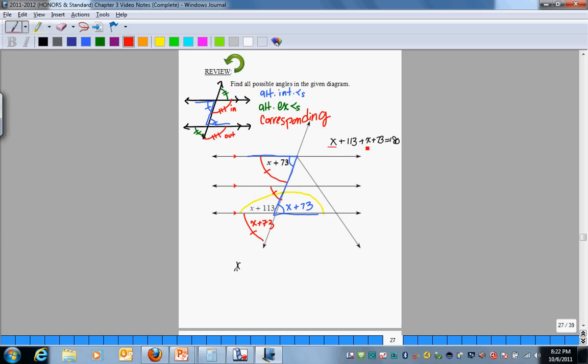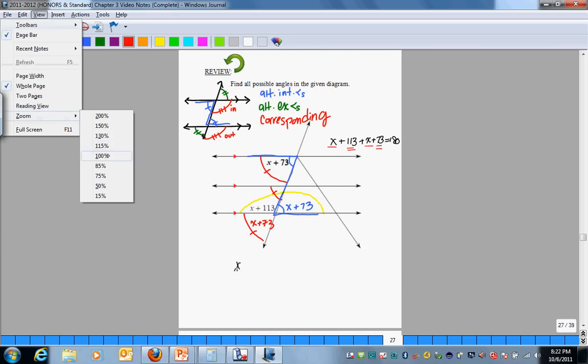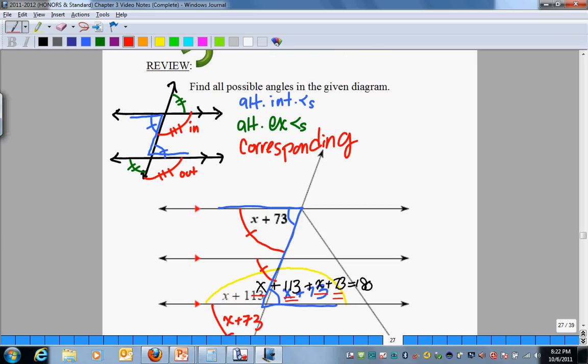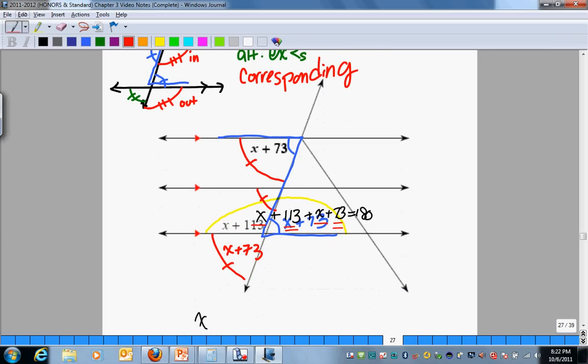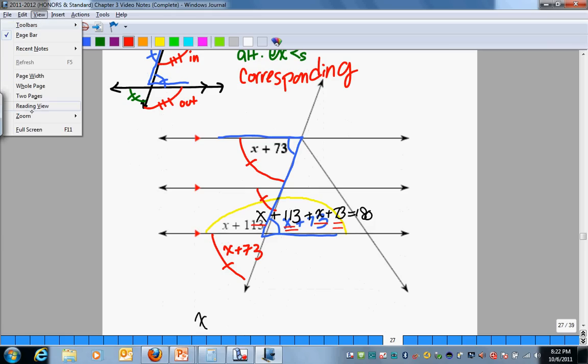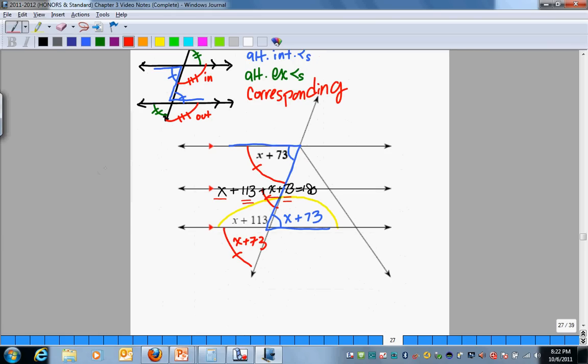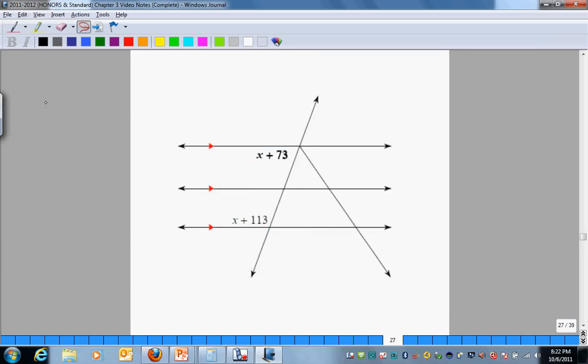First you collect like terms. So we have here 2x plus 186 equals 180.